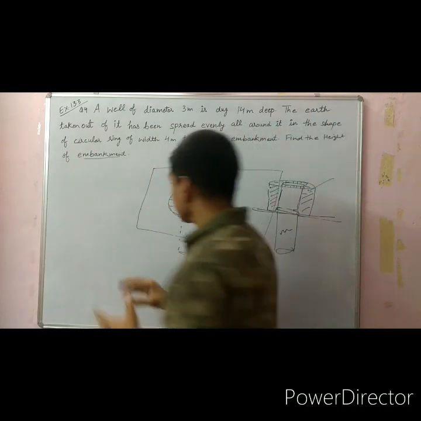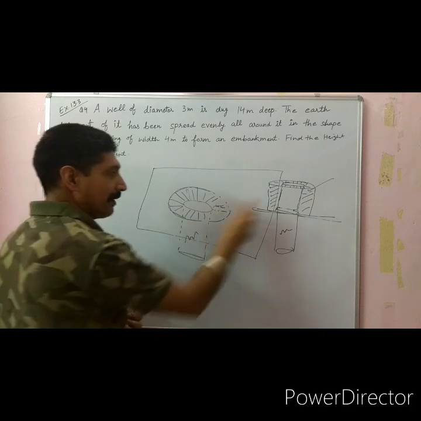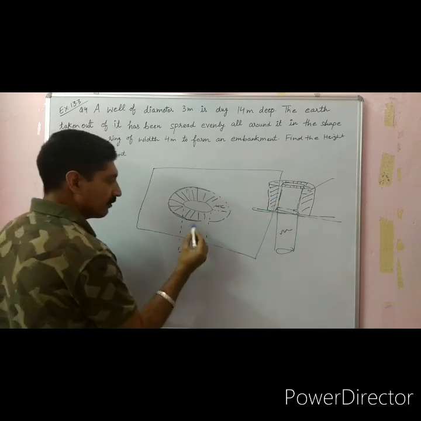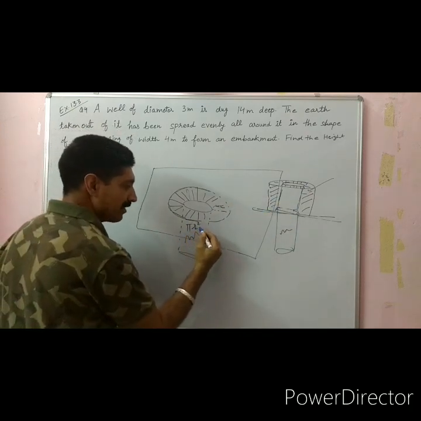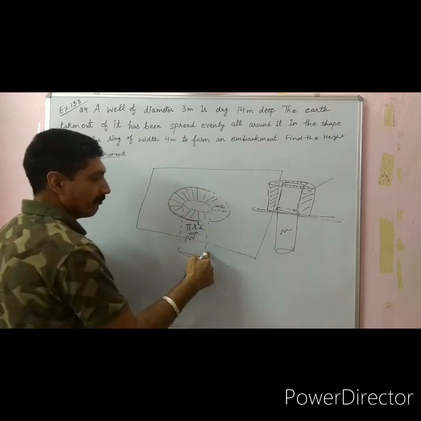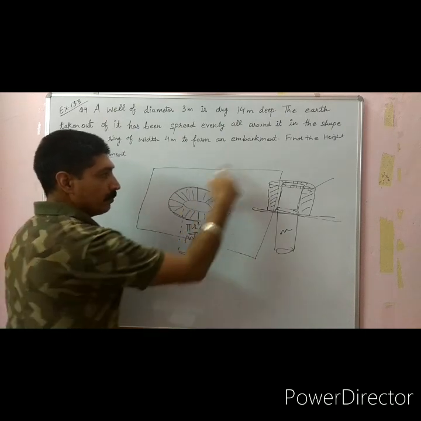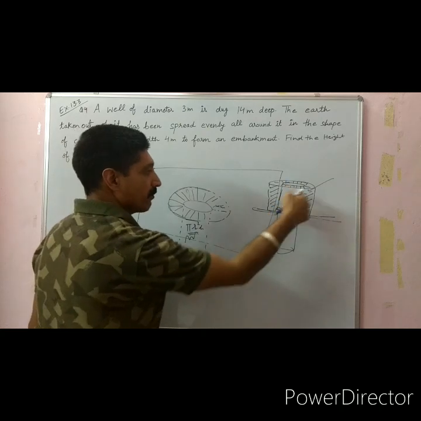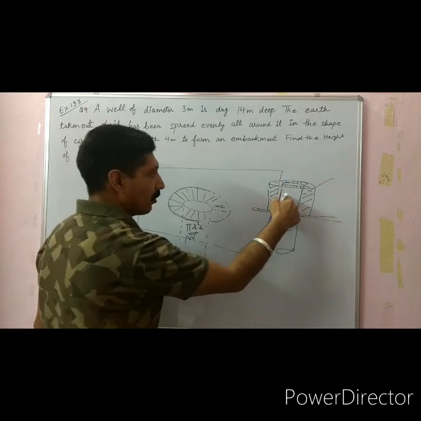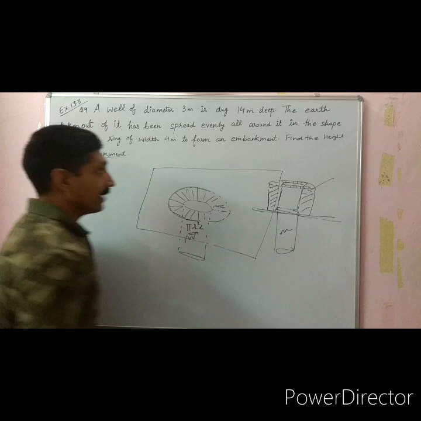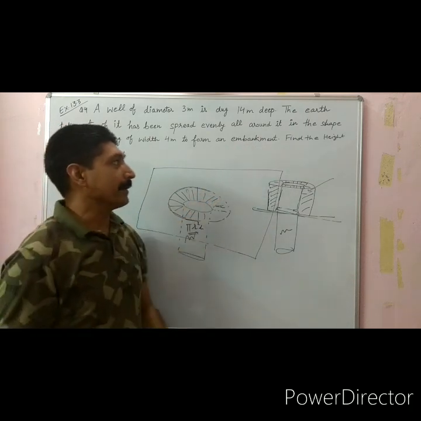To solve, we know that the volume remains the same: the volume of the well, pi r square h, is equal to the volume of the new shape formed, the embankment.